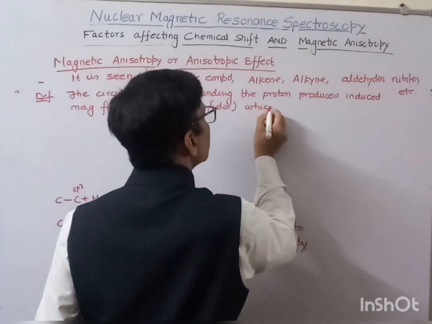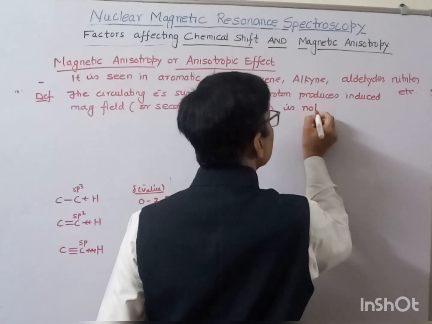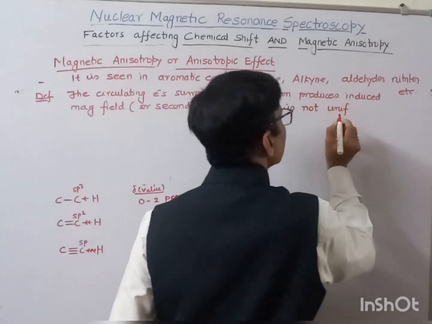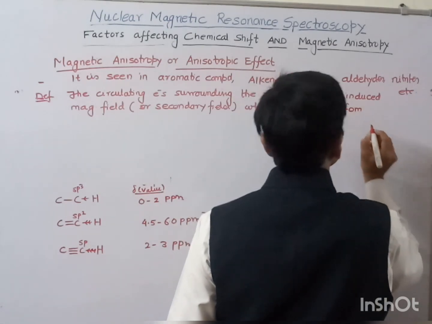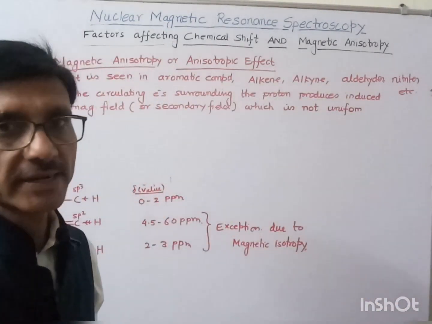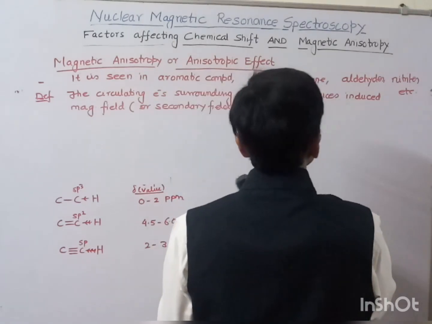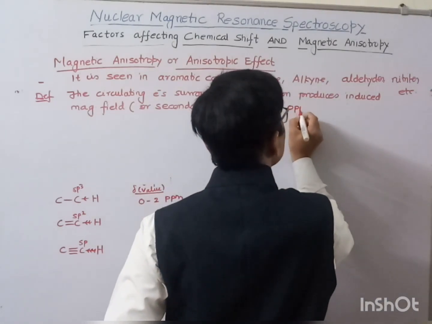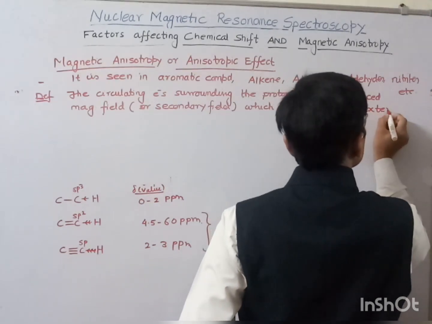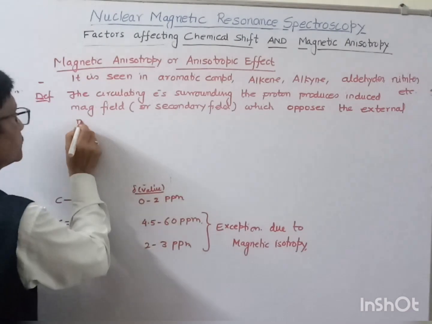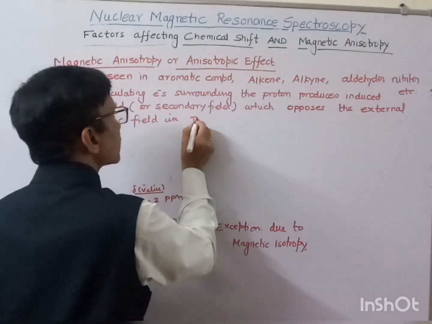which is not uniform, and which opposes the external magnetic field in a non-uniform manner.